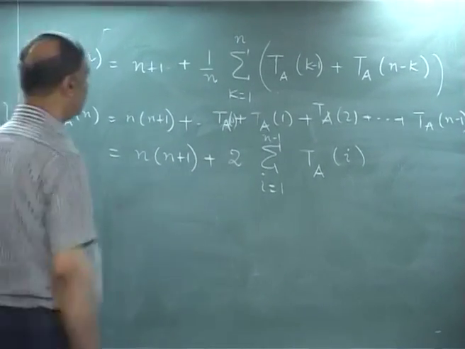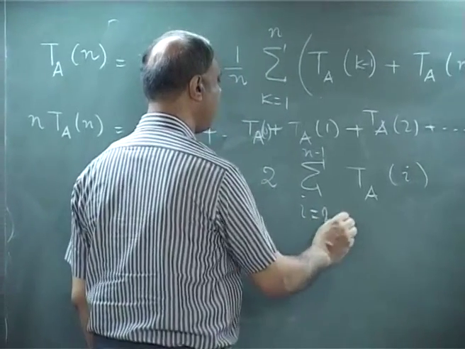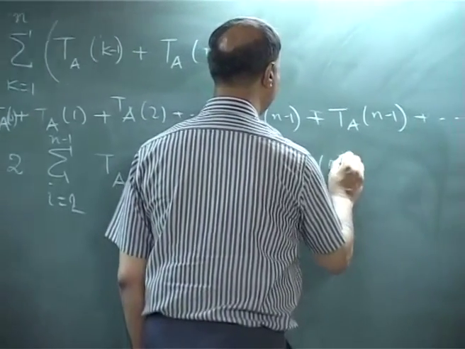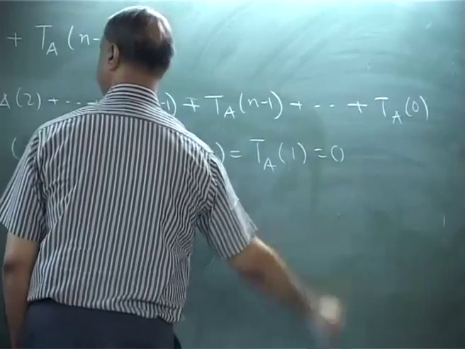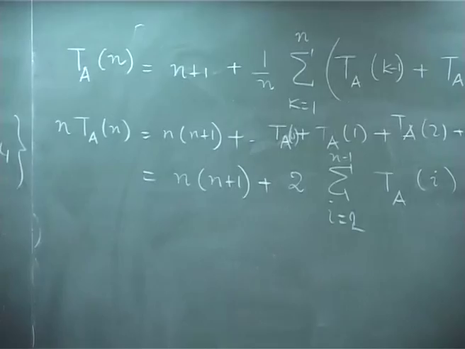TA1 also does not have any meaning. The understanding is that TA0 equals TA1 equals 0. So I take i equals 2 to n minus 1.